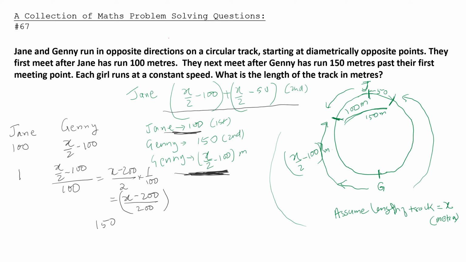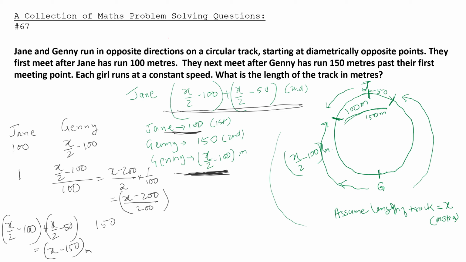So this is what Jane has run: x out of 2 minus 100, and to that I add x out of 2 minus 50. That would equal x minus 150 meters.